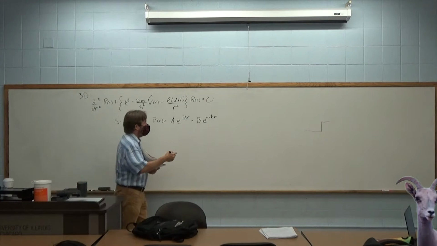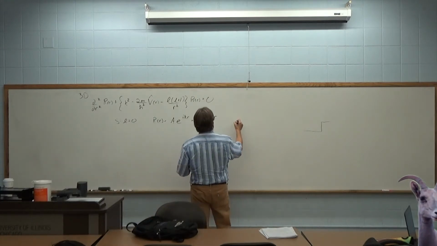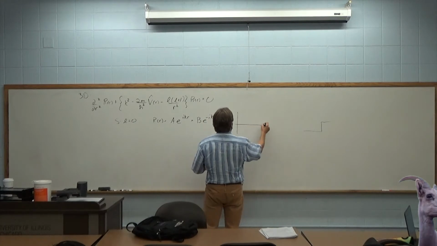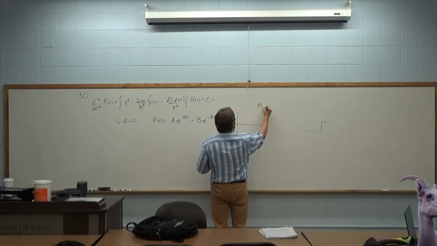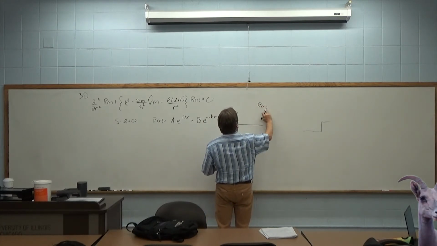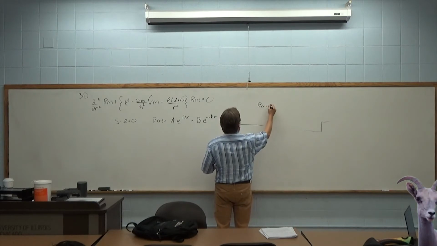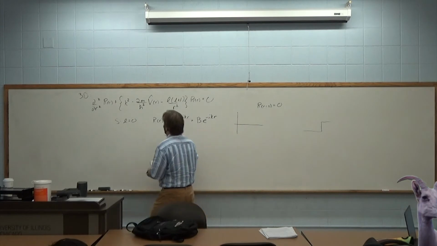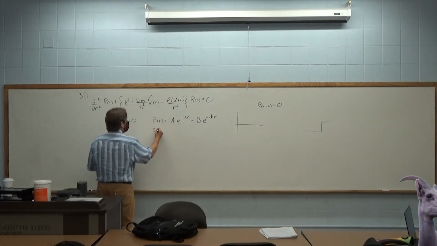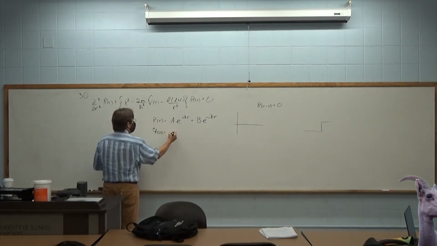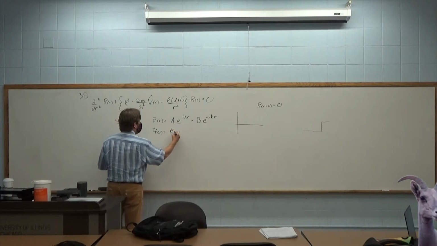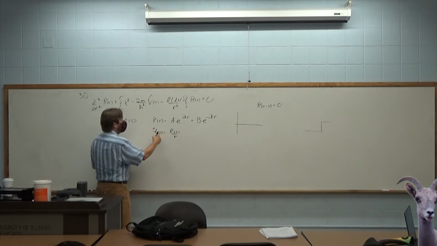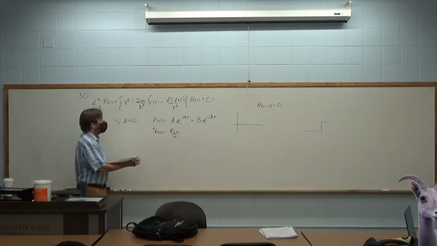So we have an R now, and that only is true for the S state. At R equals 0, it's got to equal 0. That's because the wave function itself, remember that this is actually a tool to solve the actual wave function.